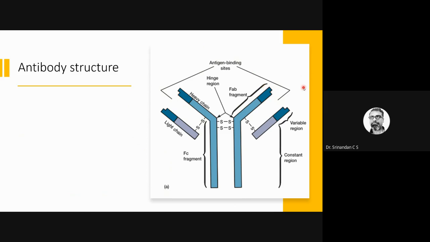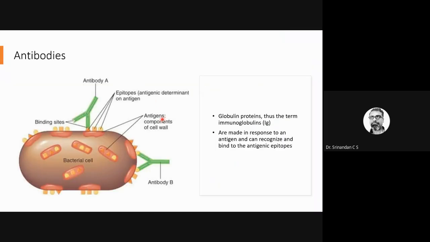Okay, this has different regions. The first region which you should know is the variable region. The dark color over here which you see is the variable region. Variation in the sense, as you see over here, of the pathogen which comes in.